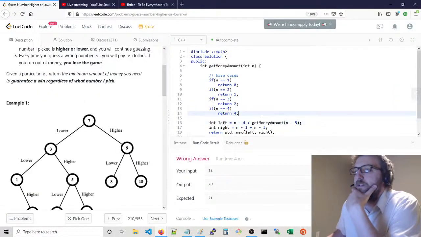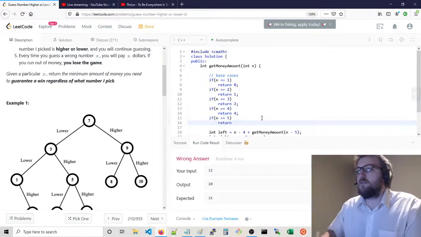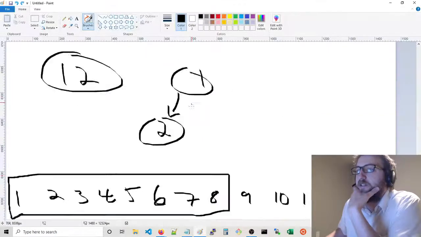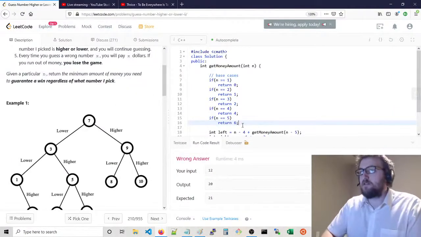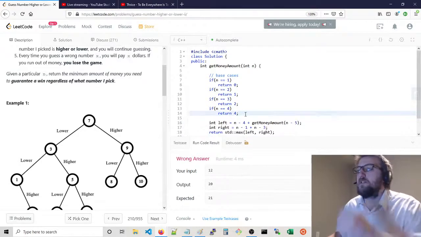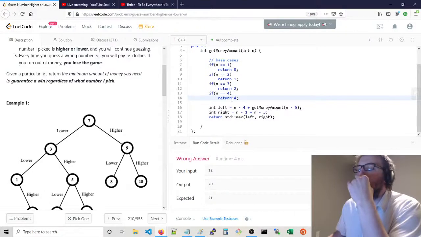The problem with this, though, is that when n is 5, I'll return the correct value here, which is 6. Well, actually, at that point, I don't think it matters. What does it? Yeah, it does. Yeah, it matters.